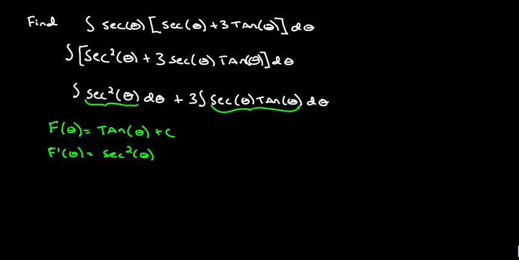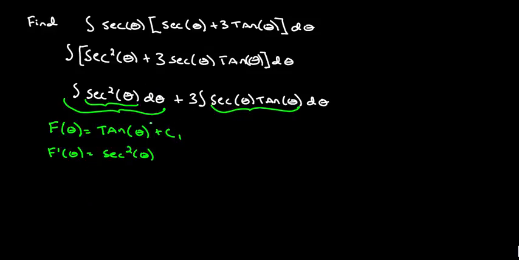But notice now, this has a derivative of our integrand. So then this is an antiderivative of this. And so this whole thing is equal to f, which is equal to tangent theta plus c. And I'm going to call this c1 because I'm going to have a different constant over here, just so I can differentiate between the two of them.